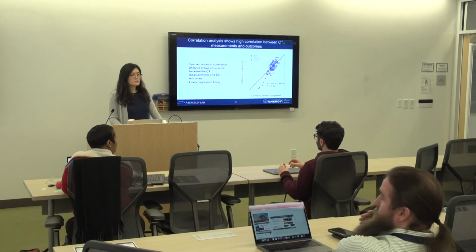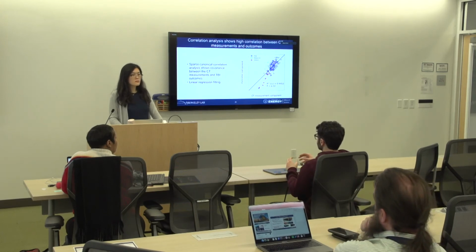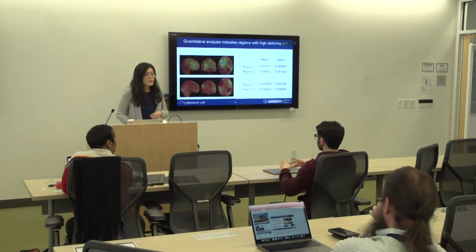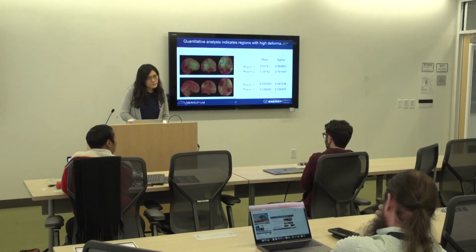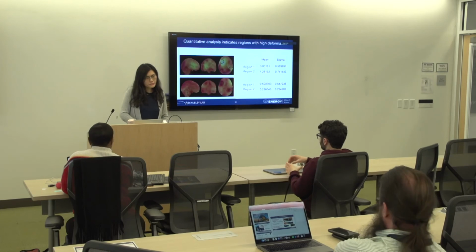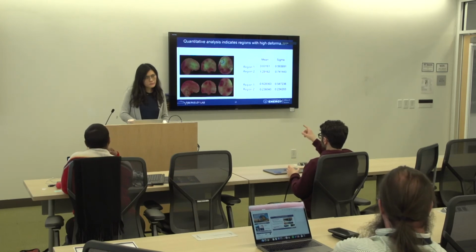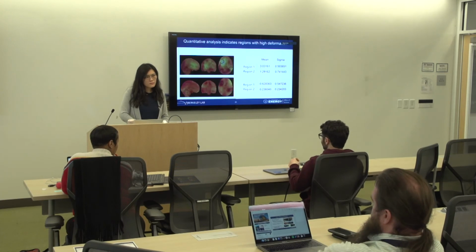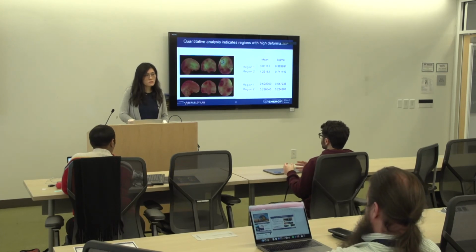In the places where there are higher changes to the template, when you register the image to the template, the places in the original image that show the hotspots are the parts that deform a lot to match the template, which takes a lot of energy. So that's where you find the brain injury.